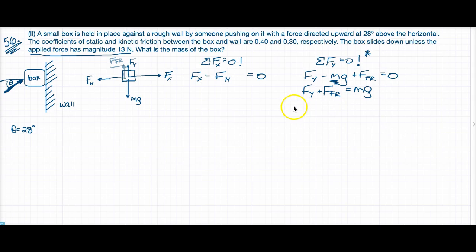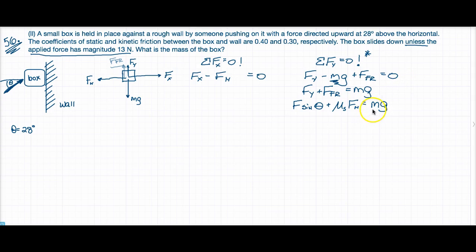The applied force y component is going to be F times the sine of the angle theta, which is 28 degrees in this problem, plus mu, and I'm going to use the static coefficient of friction because the box and the wall surface are not sliding past each other yet, as long as this condition is met. So I'm going to multiply mu static times the normal force, and that's going to be equal to m times g.